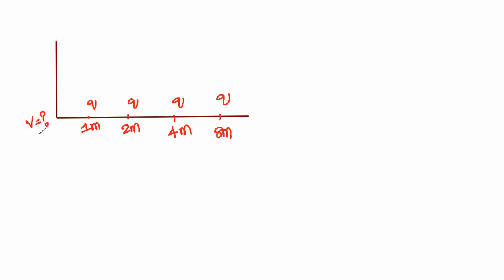So the resultant electric potential at the horizon we have to take. What is that resultant electric potential? V is equal to V1 plus V2 plus V3.